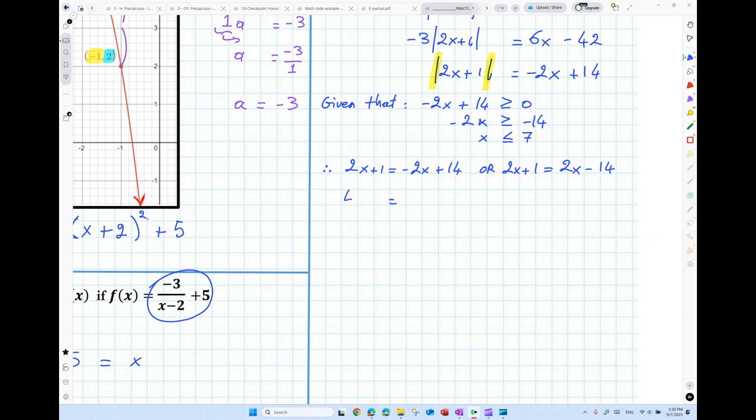Here I have 4x equals 13, and x equals 13 over 4. And here, 2x cancel on both sides, and I would have 1 equals negative 14, which is impossible. Therefore, for this one, x belongs to the empty set.